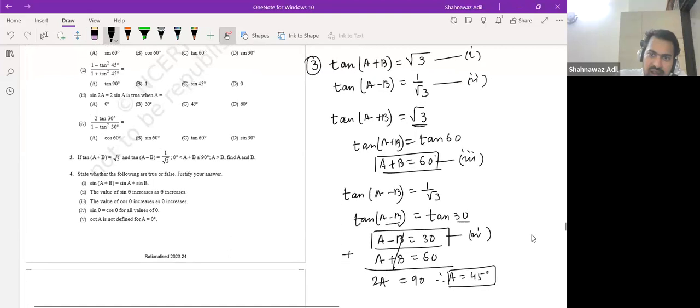Again, state whether the values are justified: A plus B increases as theta increases. Please note down this part, and then we will start trigonometric identities.